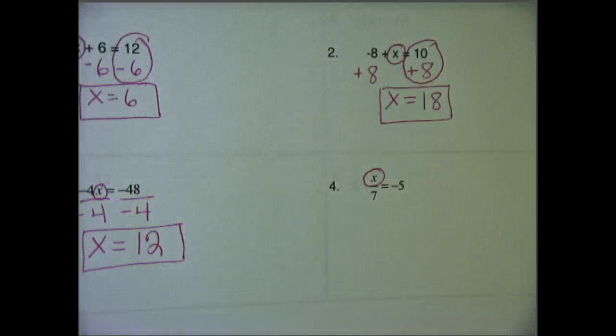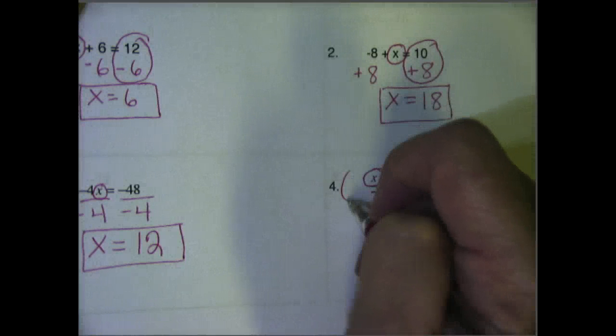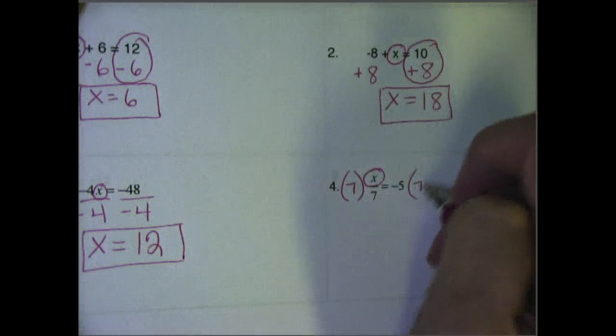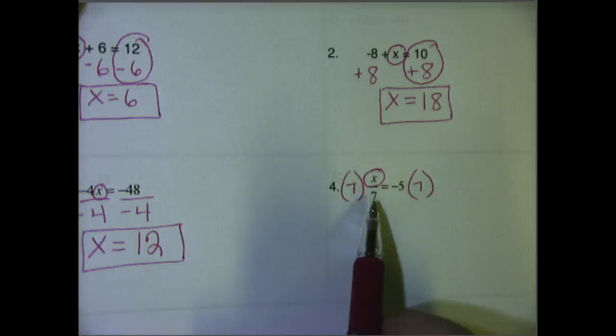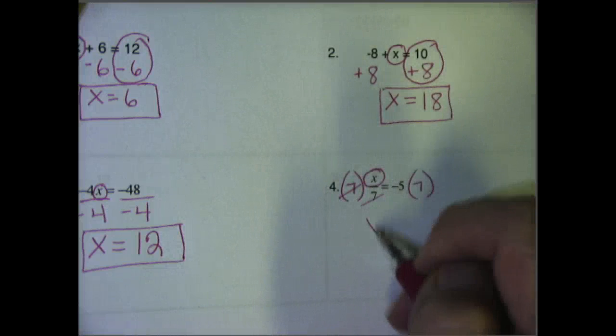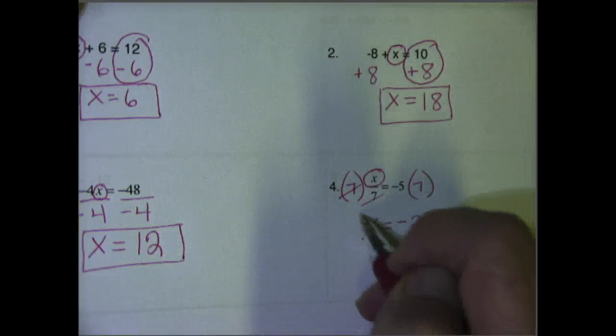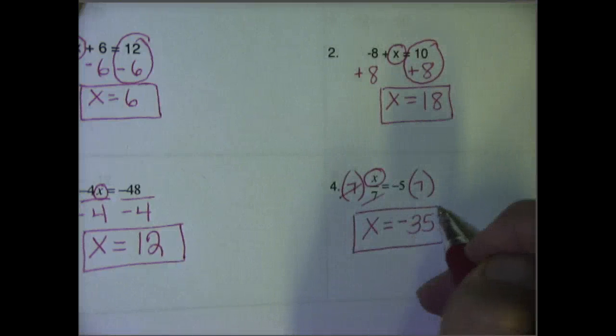We need to get x alone, so we're going to multiply, the opposite of division, both sides by the number that needs to go away. The number that needs to go away is 7, so these two are going to cancel. X equals negative 5 times 7. Negative 5 times 7 is negative 35.